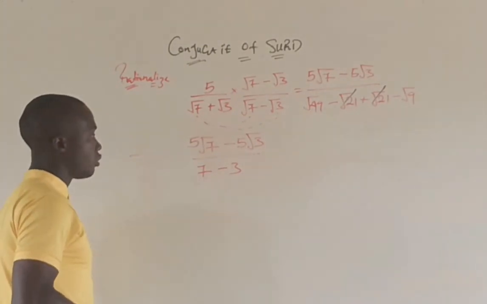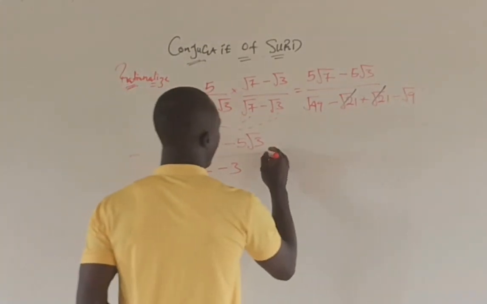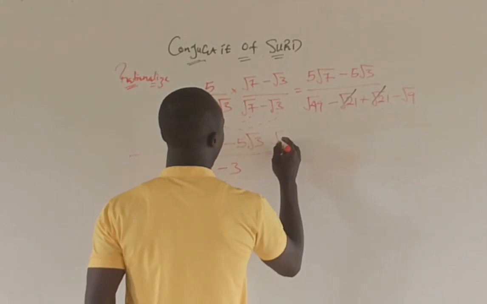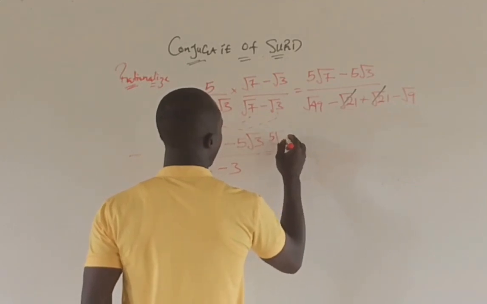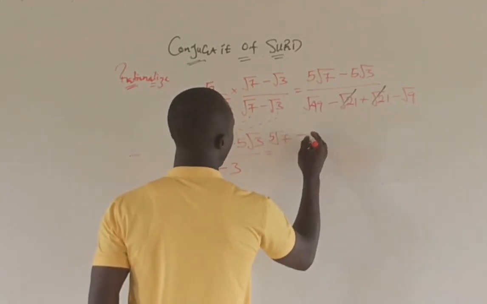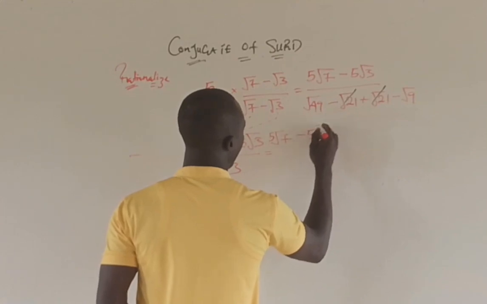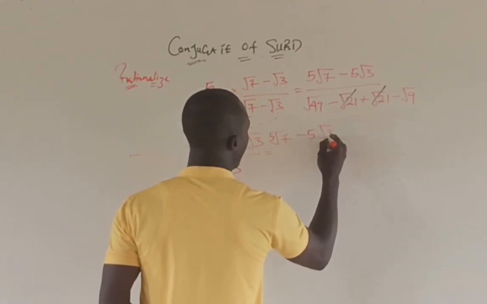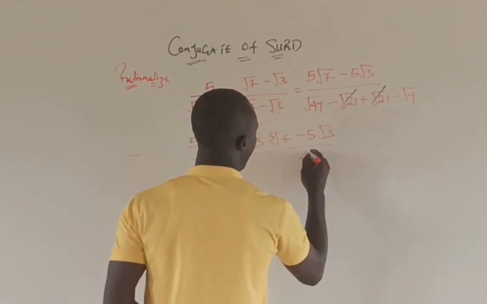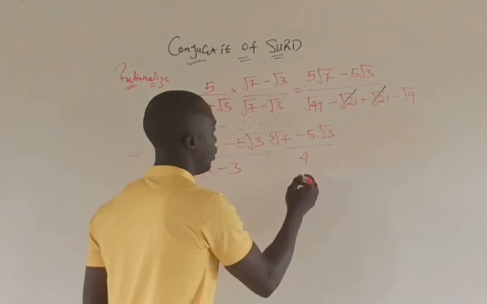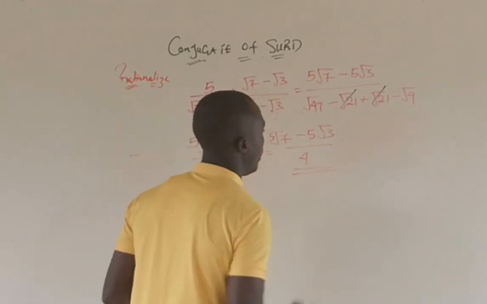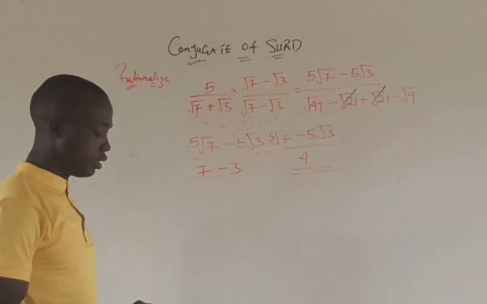So we have 5 root 7 minus 5 root 3 divided by 4. That is our final answer.